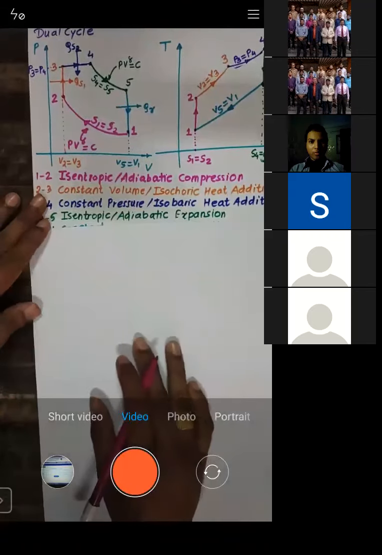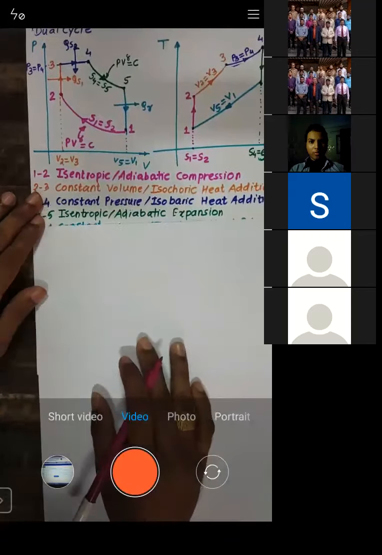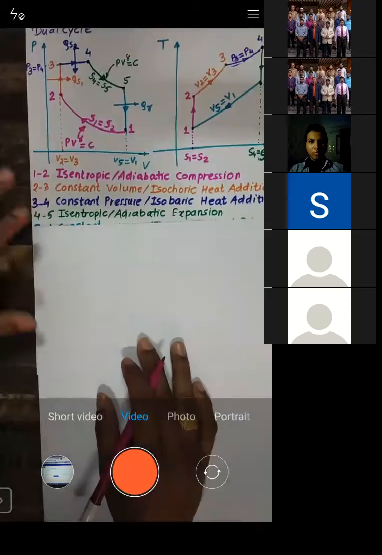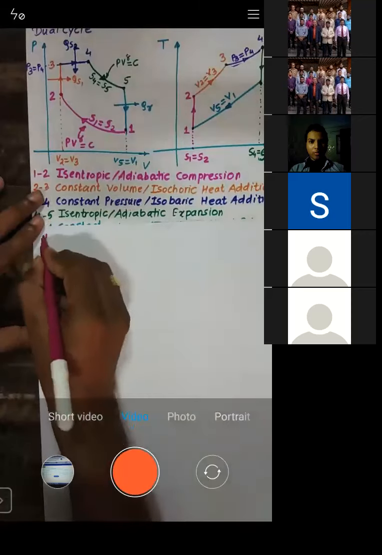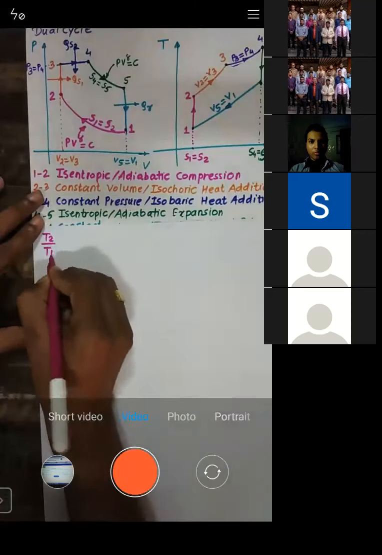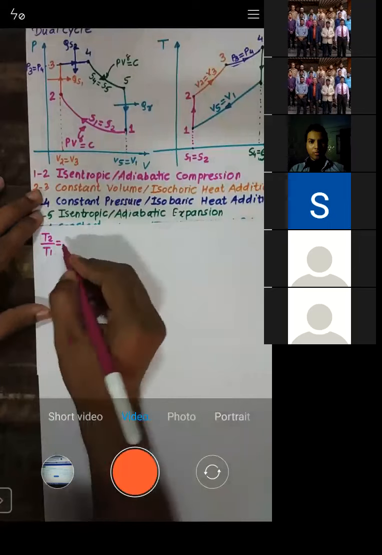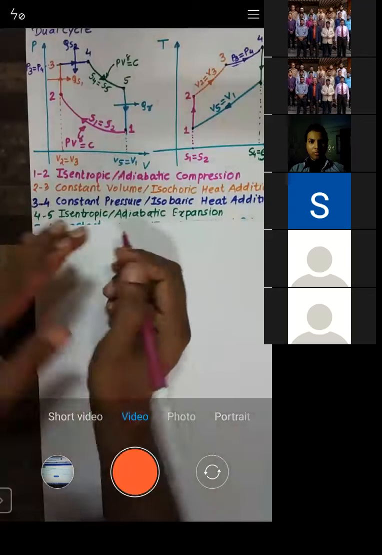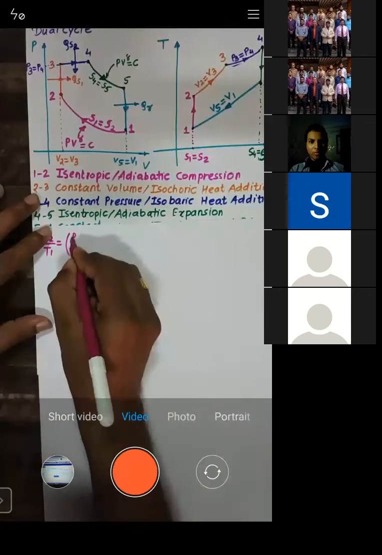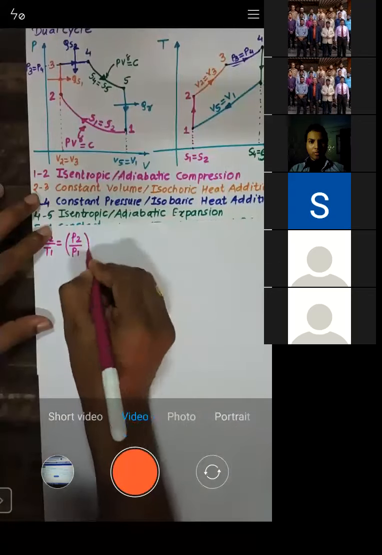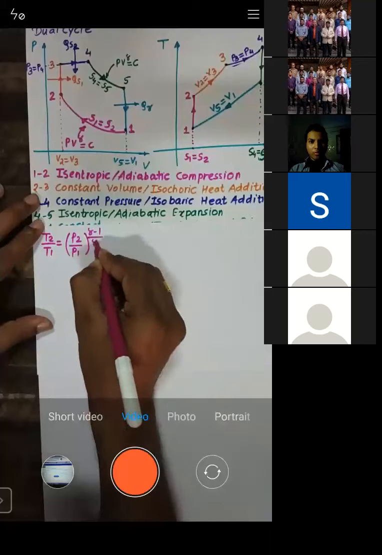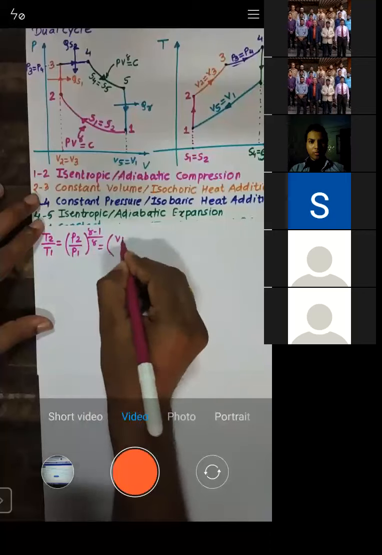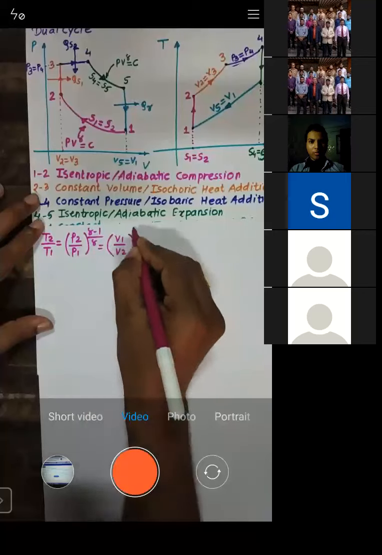Whenever the process is isentropic, whether compression or expansion, we can write this relationship between temperature, pressure, and volume: T2 by T1 is P2 by P1 raised to power gamma minus 1 by gamma, equal to V1 by V2 raised to power gamma minus 1.